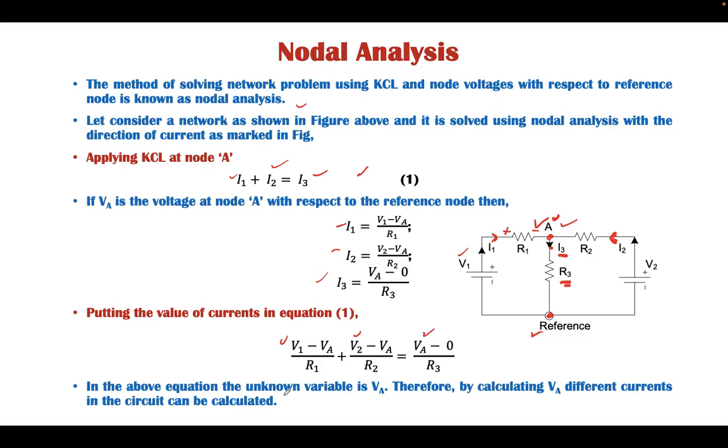In the above equation, the unknown variable is VA, since V1 and R1 are known to us, V2 and R2 are known to us, and the only variable is VA. Putting all these values in this equation, we can calculate VA. Knowing VA, we can calculate I1, I2, and then I3.